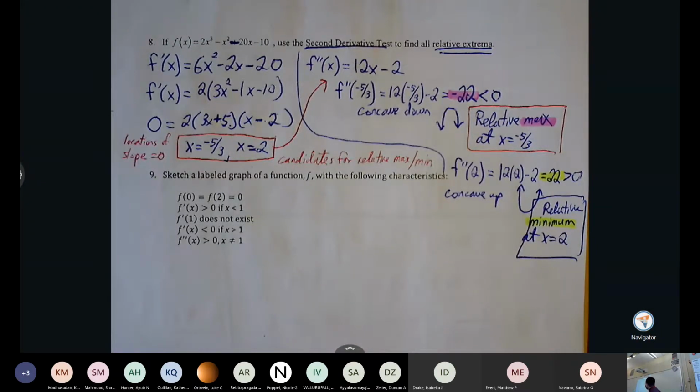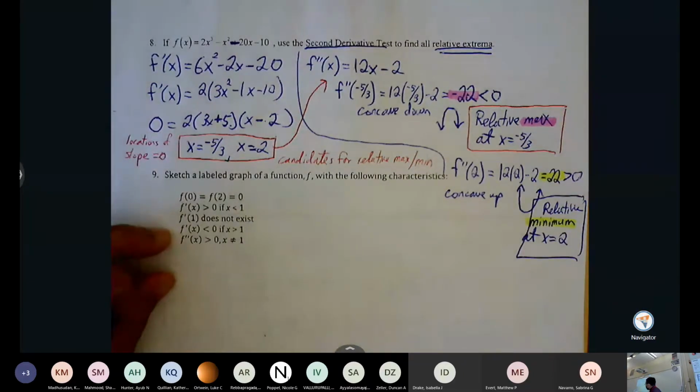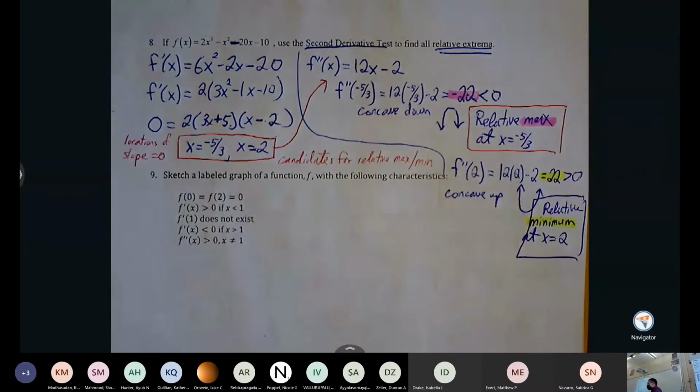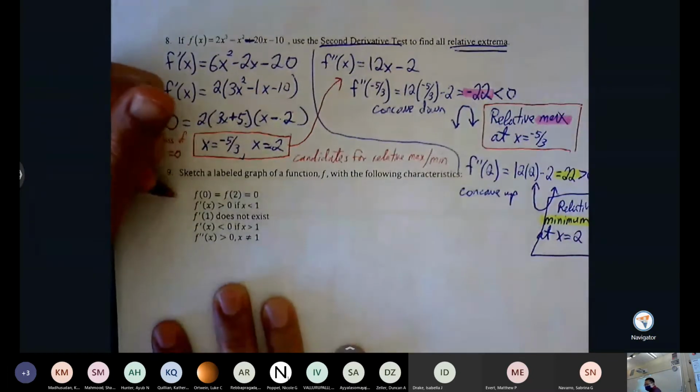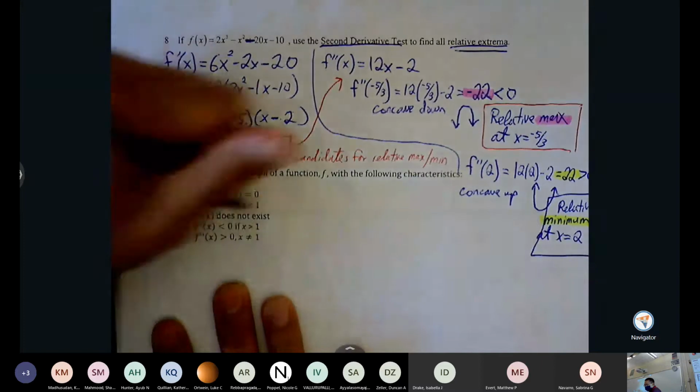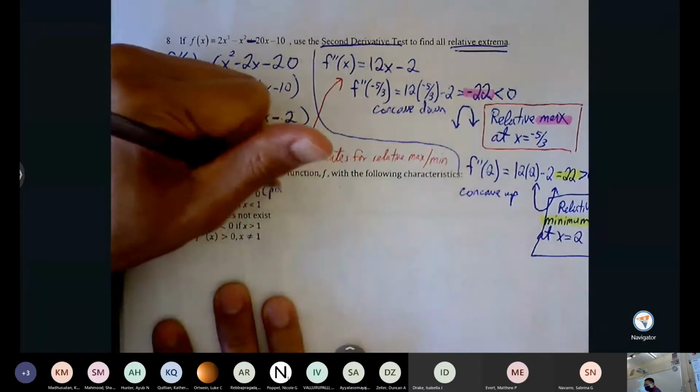All right, number 9. What we're going to do with number 9 is take the information given, put that information onto a sign line, and then translate that into a picture of our function based off of these descriptions. So the first is just information about the function. These are just points that we can graph.